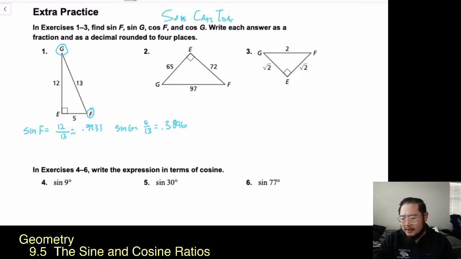Next up, let's take a look at cosine of F and cosine of G. So let's go ahead and start with F. And if I take a look at angle F again, I'll put cosine of F. And SohCahToa, cosine is adjacent over hypotenuse. So the adjacent would be 5.